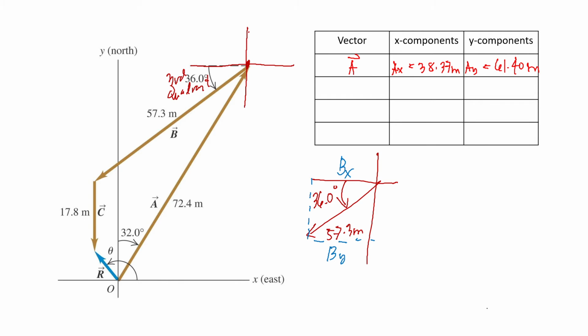Since your vector B is on the third quadrant of your xy plane, your BX and your BY should be negative. Okay, your BX is the adjacent side of 36 and your BY is at the opposite side, but they should be negative. If you want, we can use 36 degrees immediately, but you have to take note that we need to put the negative sign during our calculations.